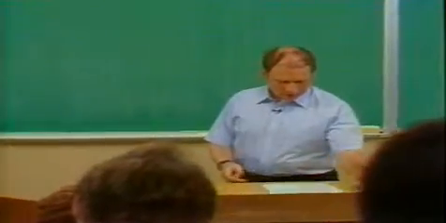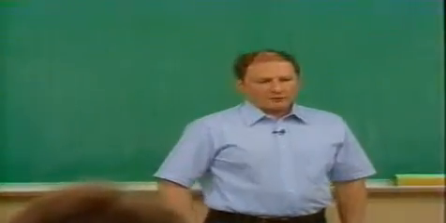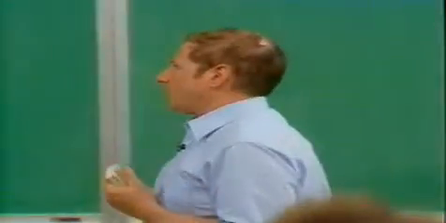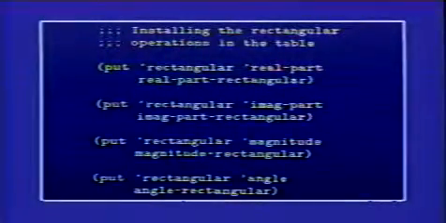Okay. Well, given this organization, what did George and Martha have to do? Well, when they build their system, they each have the responsibility to set up their appropriate column in the table. So what George does, for example, when he defines his procedures, all he has to do is go off and put into the table under the type rectangular, and the name of the operation is real part, his procedure real part rectangular.